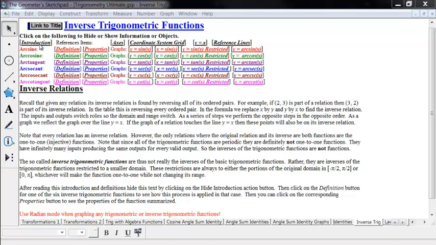So which ones are both functions? It turns out that the only ones that are both functions are the one-to-one functions, sometimes called injective functions. If the original function passes the vertical line test on the graph, that makes it a function.